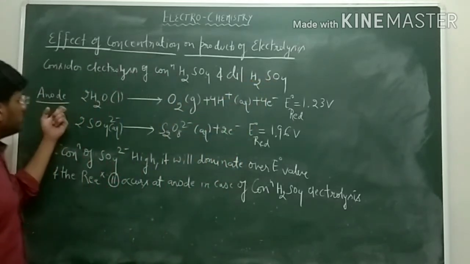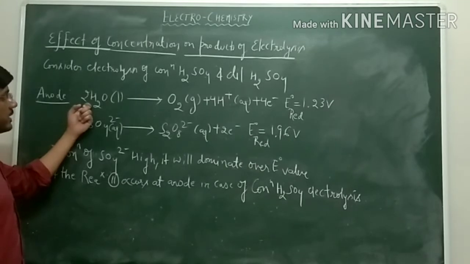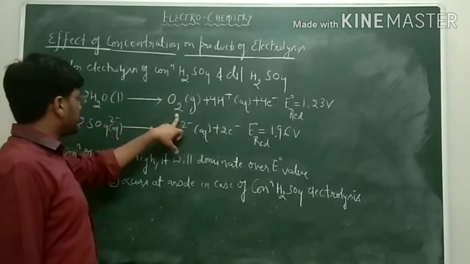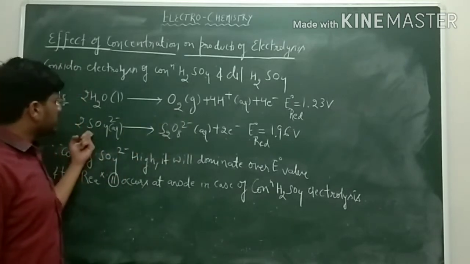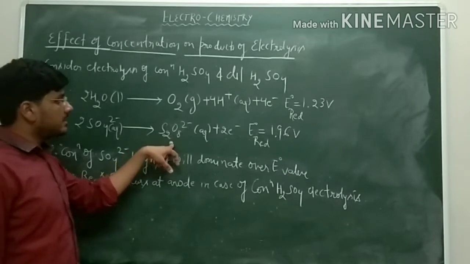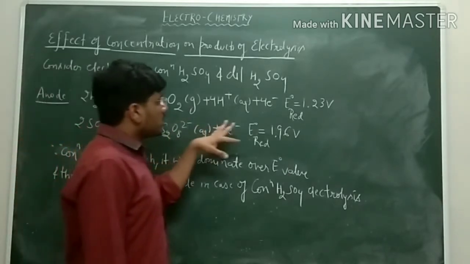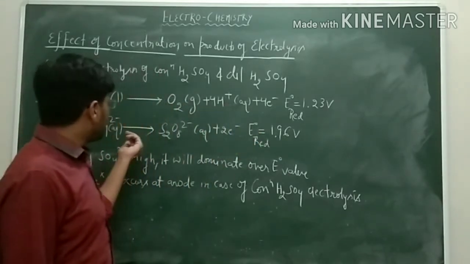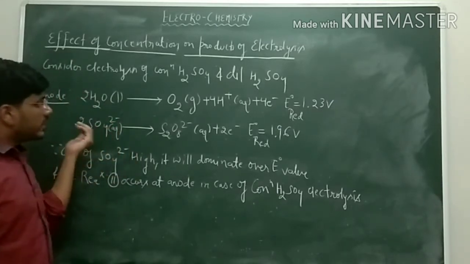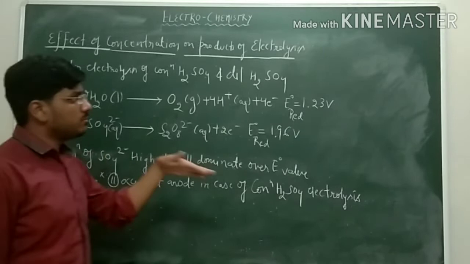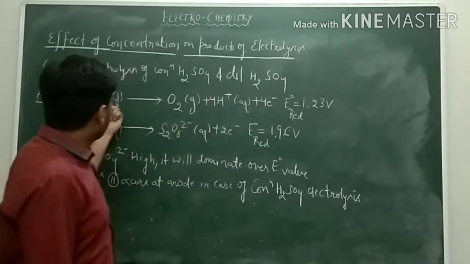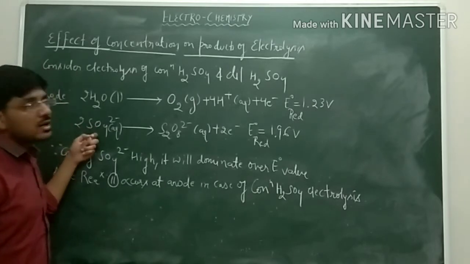At the anode, water is the species which can undergo oxidation to form oxygen gas, and another species is the sulfate ion, which can undergo oxidation to form peroxydisulfate ion. According to the convention, the species obtained at the anode is the one having the lesser reduction potential, so oxidation of water will be preferred over the sulfate ion.